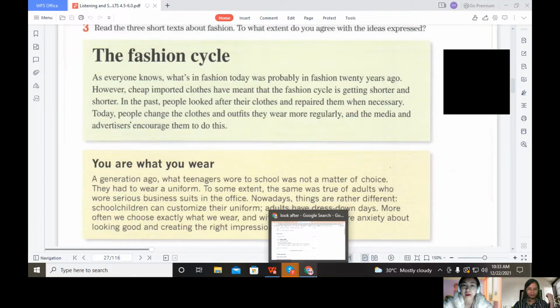So they don't need to repair them as much. Very good. And in addition, it seems that nowadays people are not putting effort into repairing their clothes. If it's already torn, they will just discard it and buy a new one. Oh my God, people nowadays. But we're already included in that one.